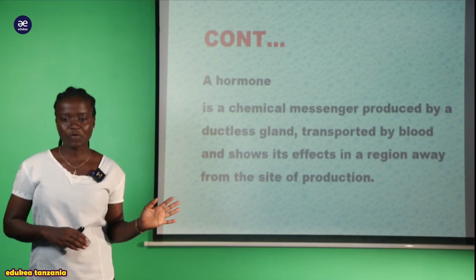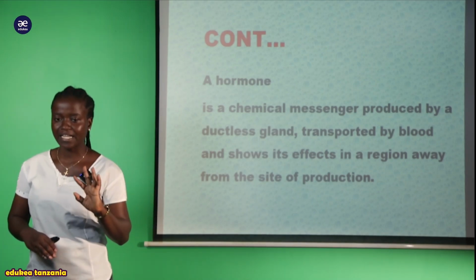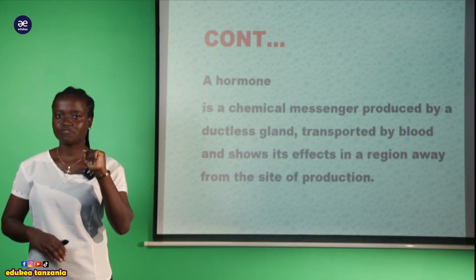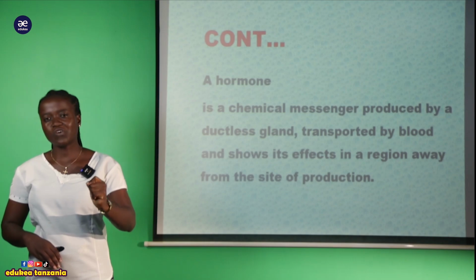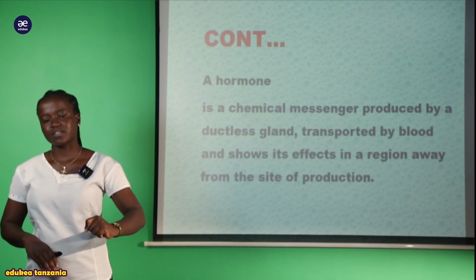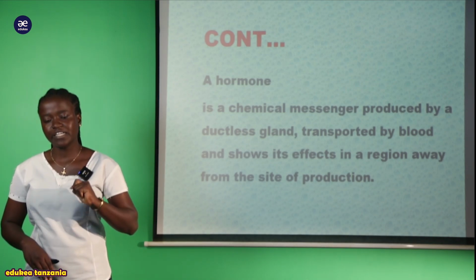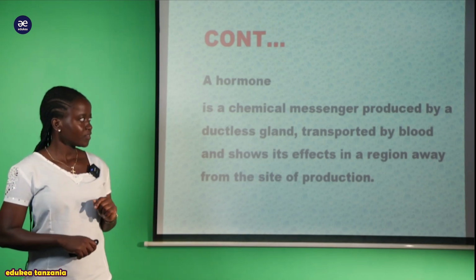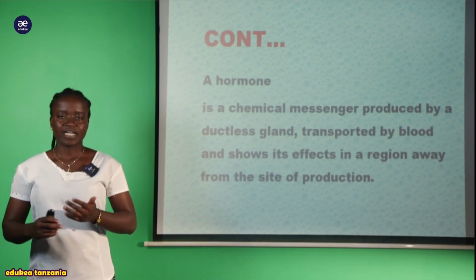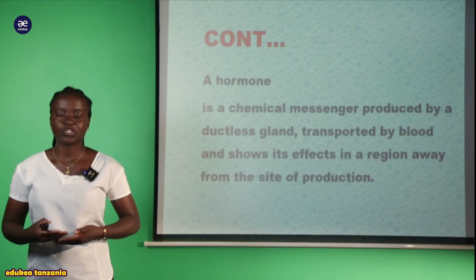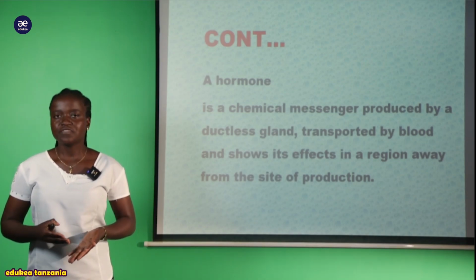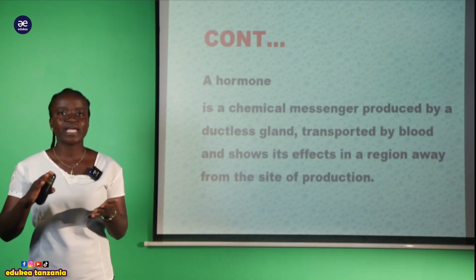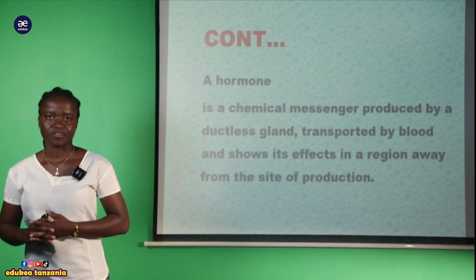Here you have to know that this hormone, or chemical messenger, is secreted within the endocrine gland, thereafter is directed into the bloodstream, and thereafter it will produce a response in the area far away from the area of production.